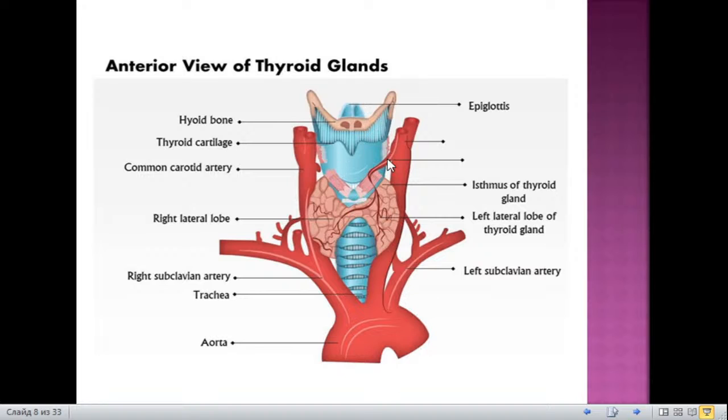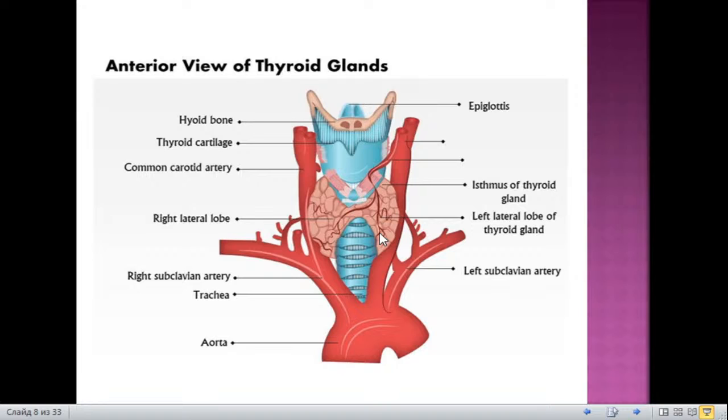So, firstly, the upper part of the thyroid gland gets blood from the superior thyroid artery. The superior thyroid artery is the first branch of the external carotid. But at the same time, the lower portion of the thyroid gland gets blood from the inferior thyroid artery.